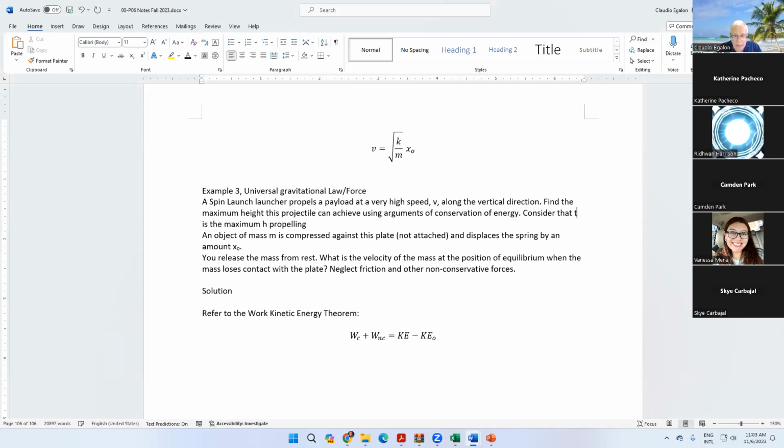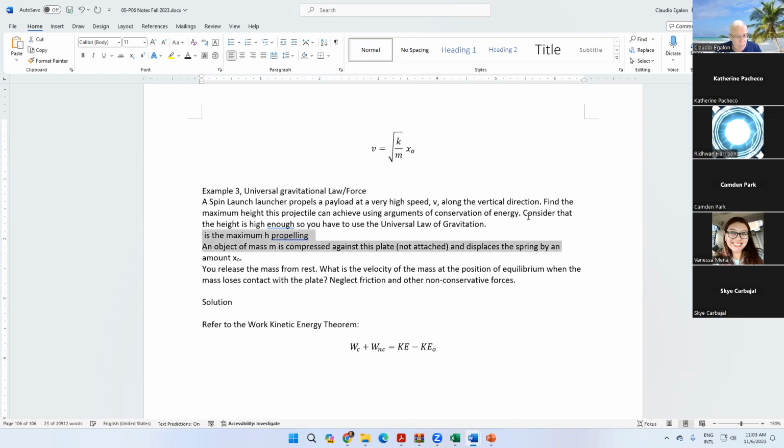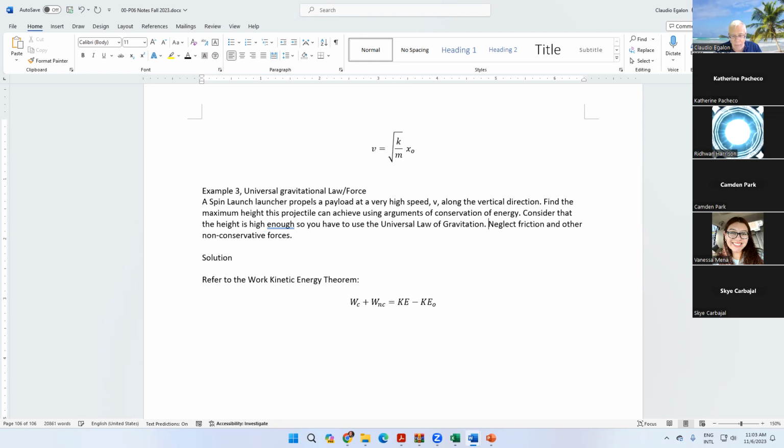Consider that the height is high enough so you have to use the universal law of gravitation. Neglect friction and other non-conservative forces. When you get friction involved, the problem becomes far more difficult.